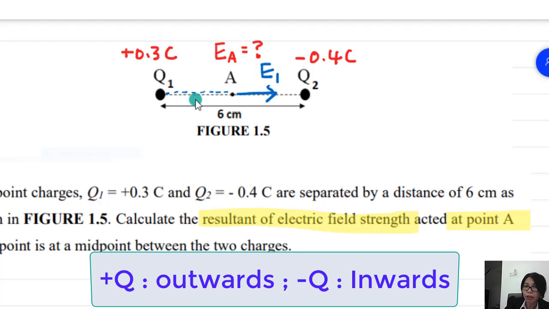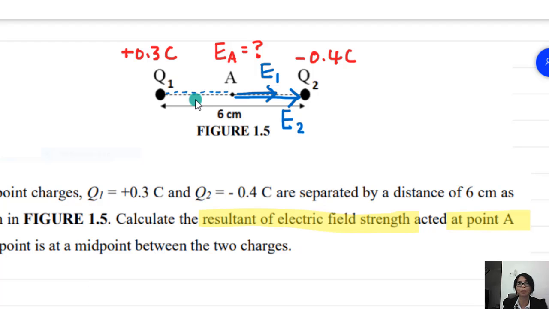Kenapa masuk dalam charge? Sebab charge Q2 adalah negative. So from point A, the electric field line will go inward, masuk ke dalam Q2. So this one will be E2. Okay, so this will be the electric field created by Q2.